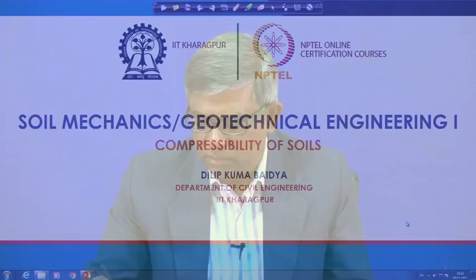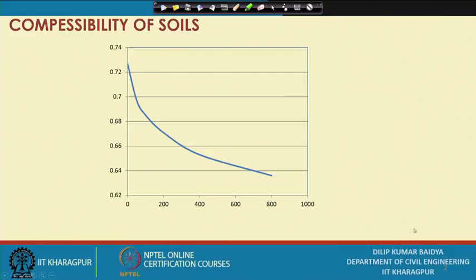So, this is the one we have tabulated in the previous lecture: this is actually your pressure, and this side is your void ratio.